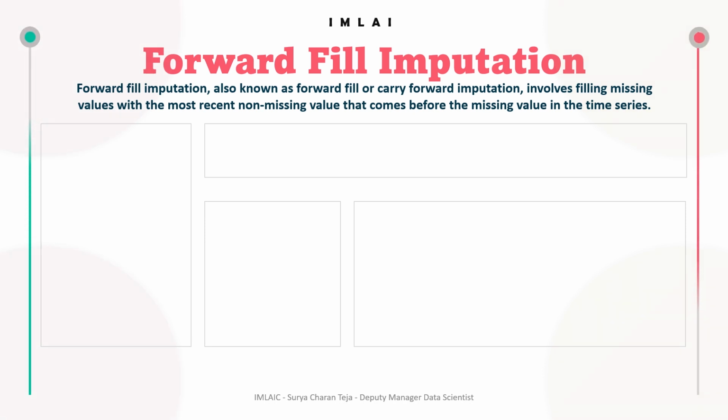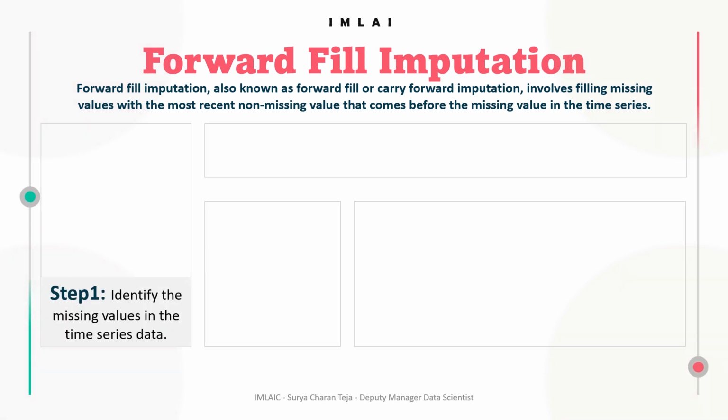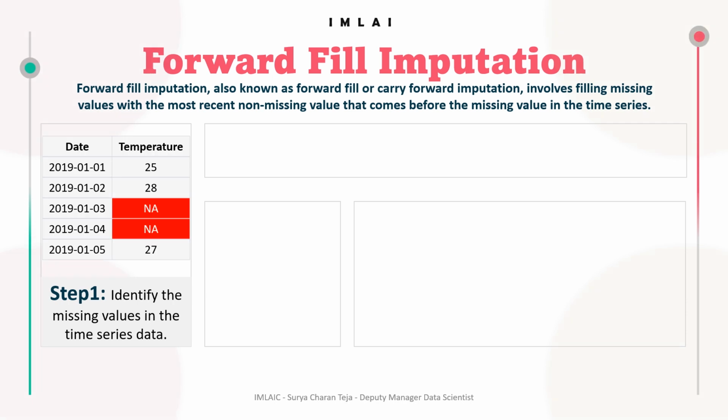So now how do we do this process? Here is how the forward fill imputation process works step by step. I'll show you on the screen with animation. Step 1, we have to identify the missing values in the time series dataset, and this is my time series dataset. Here you can clearly see that there are missing values, 2019 13 and 2019 14.